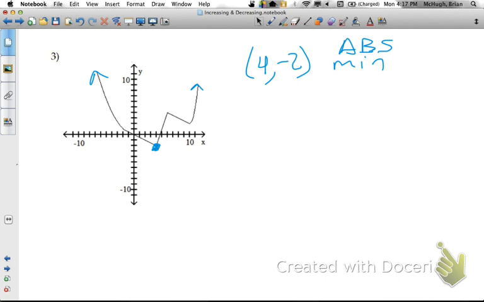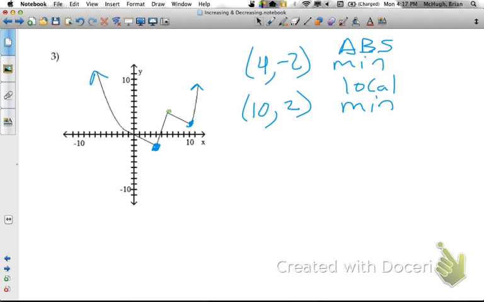So that's the point that's the absolute minimum. We have another minimum, it looks like right here. That looks like it's the point 10, 2. That's a minimum. We've already identified the absolute minimum as y equals -2, so this can't be the absolute. It's got to just be a local minimum, and you can check with the points near it. It's lower than they are, so that's a local minimum.